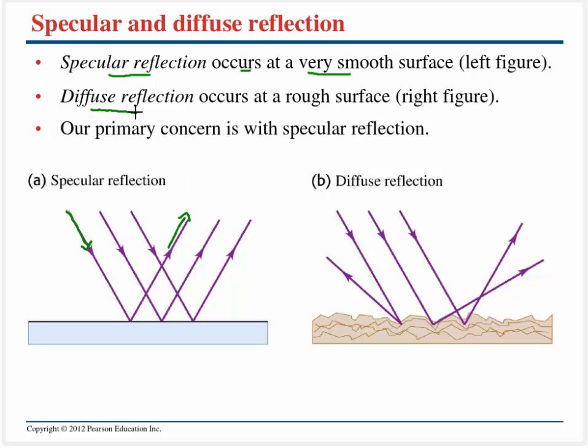However, in the real world, there's something called diffuse reflection, which is going to occur on a very rough surface. So you can imagine a real surface having lots of nooks and crannies, and we can have the light all coming in at the same direction and then reflecting at all sorts of different angles. This is a much more realistic scenario. However, we'll concern ourselves only with specular reflection.